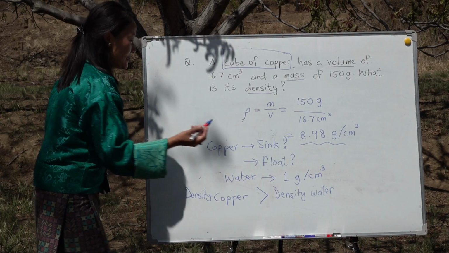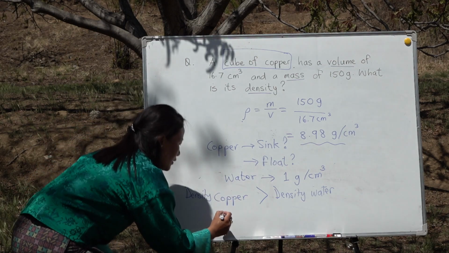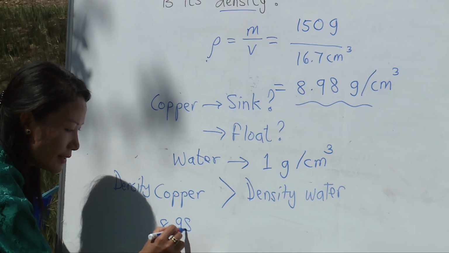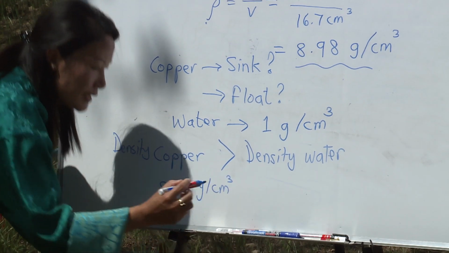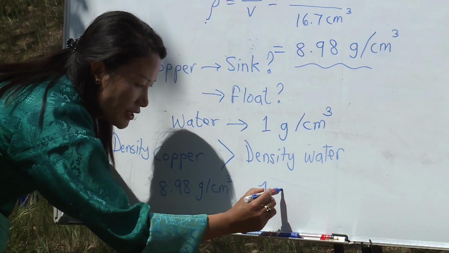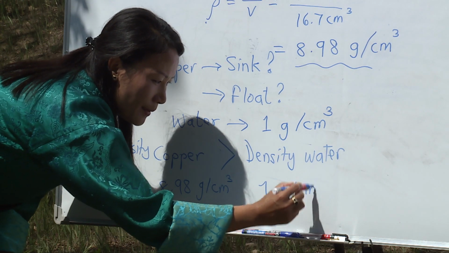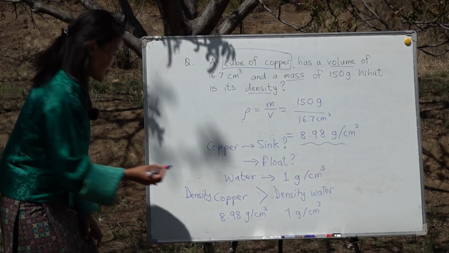How greater is it? Density of copper we found is 8.98 gram per cubic centimeter. Density of water is just 1 gram per cubic centimeter. So do you see here?